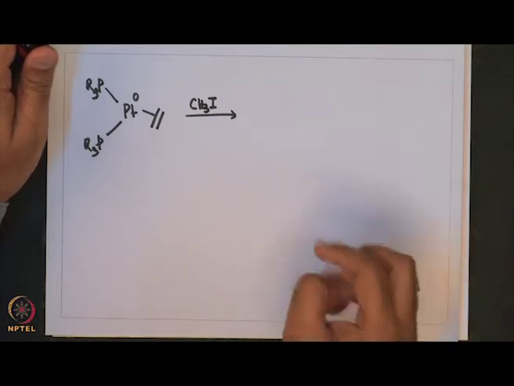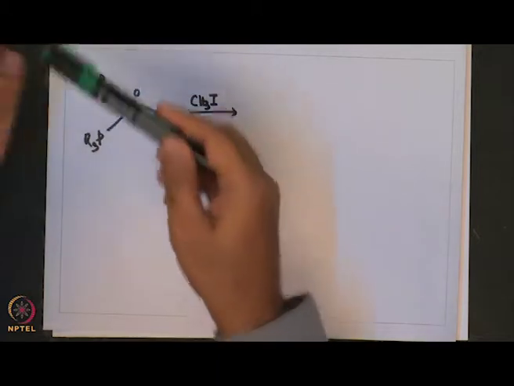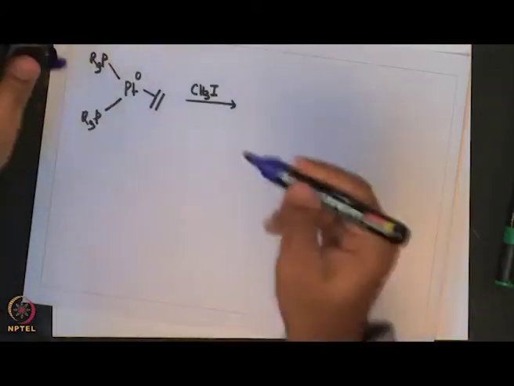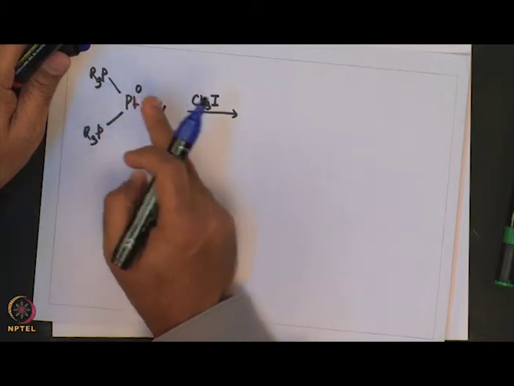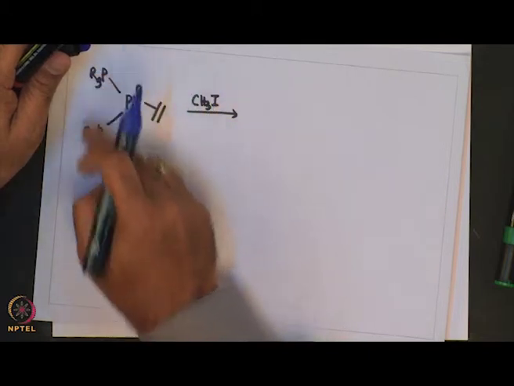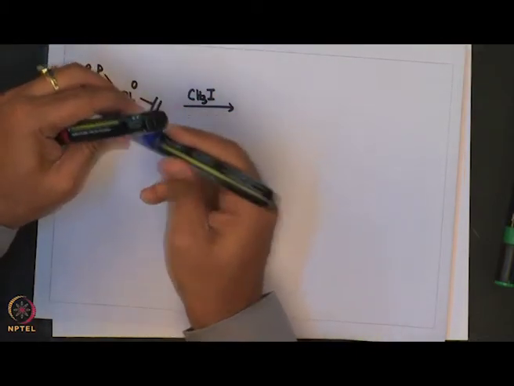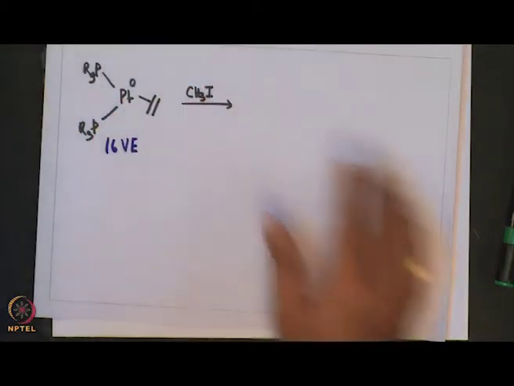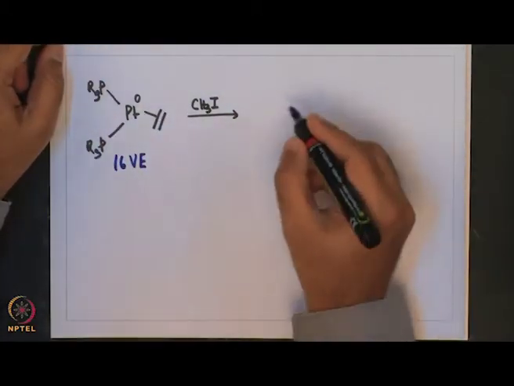Here also the complex is both electronically as well as coordinatively unsaturated. Its coordination number is occupied by eta 2 alkyl and 2 phosphine, and electronically it has 16 valence electrons. It undergoes oxidative addition to give this cis complex.